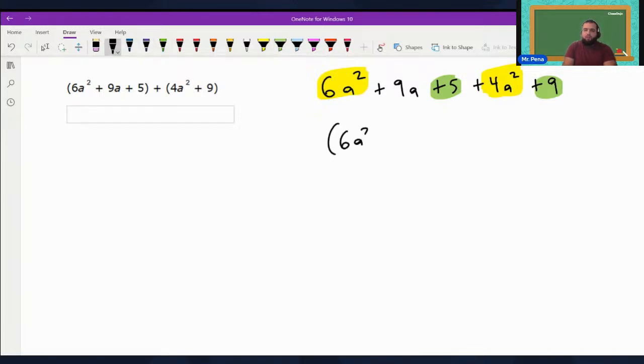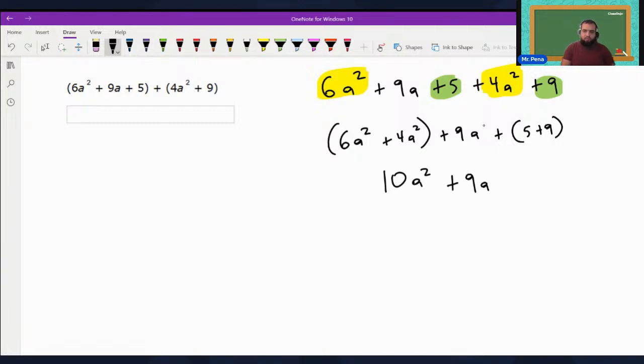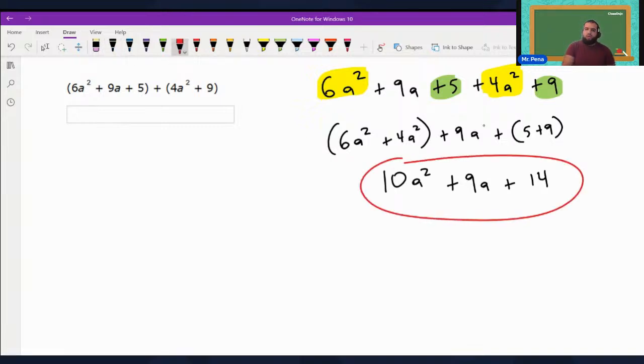So 6a squared plus 4a squared plus 9a plus 5 and 9. Now we add them, just add the 6 and the 4 and you get 10. If we have 6a squared and 4a squared, we have 10a squared all together. And then we have a simple 9a plus 14. And that's really all you can do with this problem.